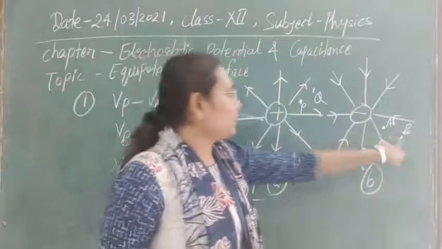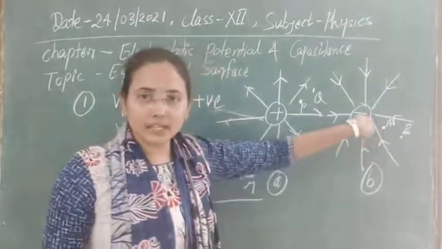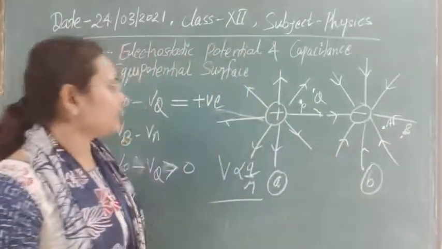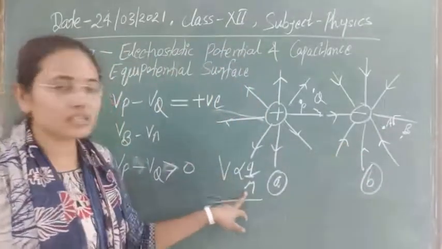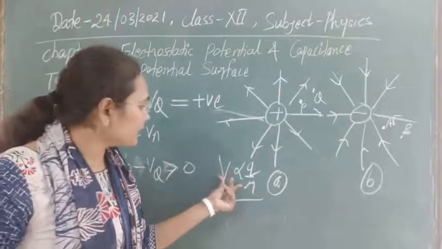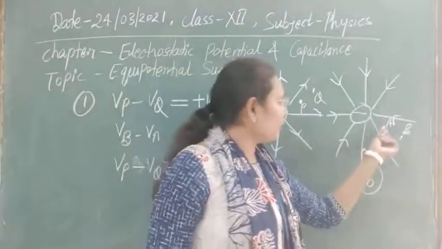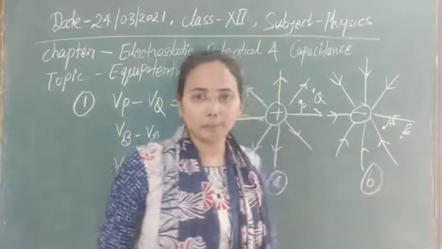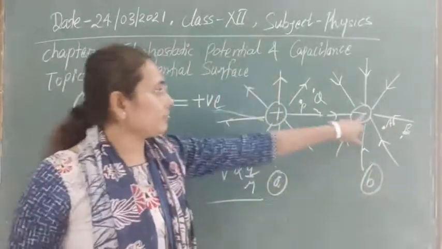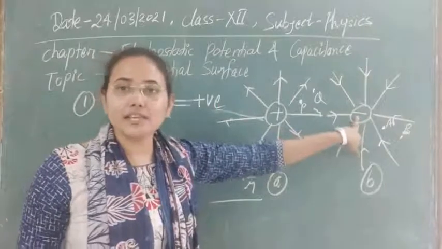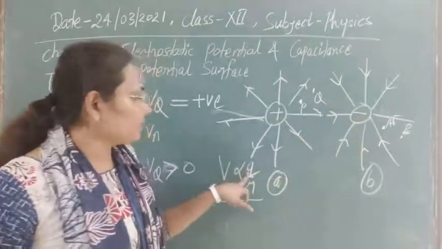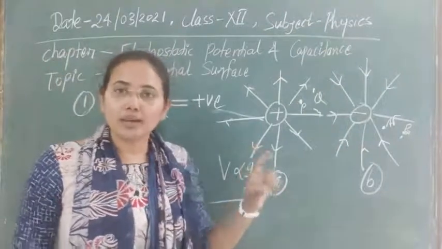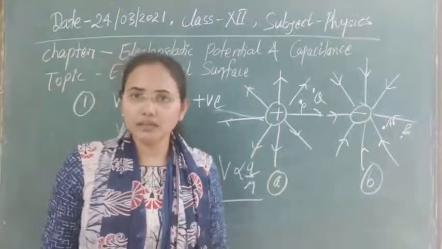In the second case, let's see the same thing. Here two points, A and B, are given in the field of the negative charge. At these two points, by the inverse formula, V is inversely proportional to r, so according to that the potential at A should be greater than at B. But here the charge is negative, so in this formula it will be minus Q. A negative quantity in greater amount will be less.